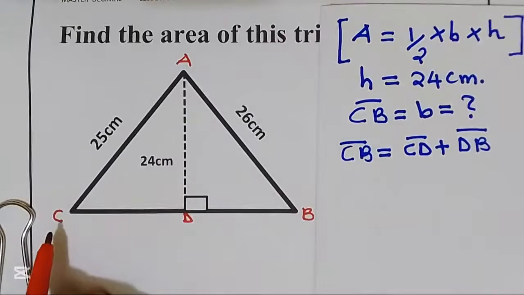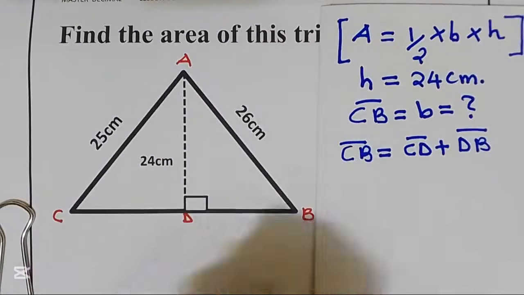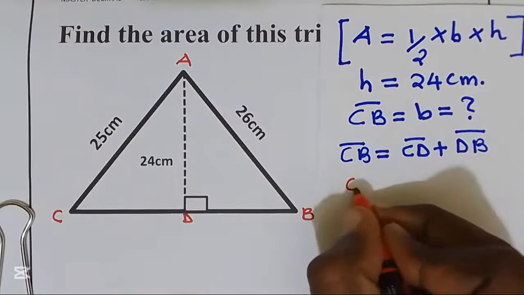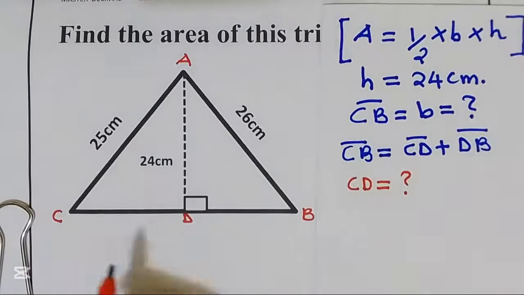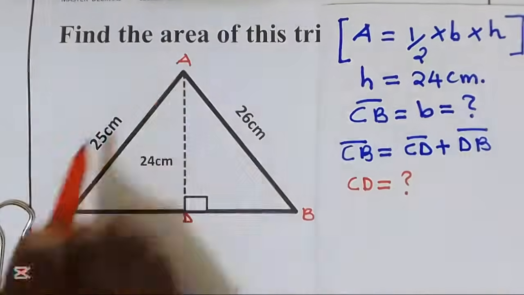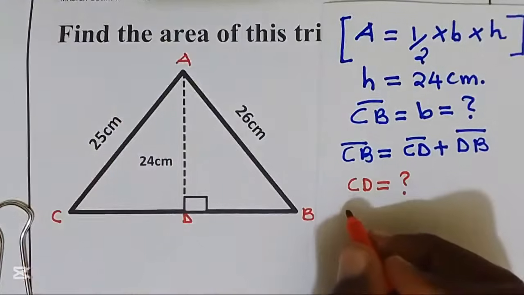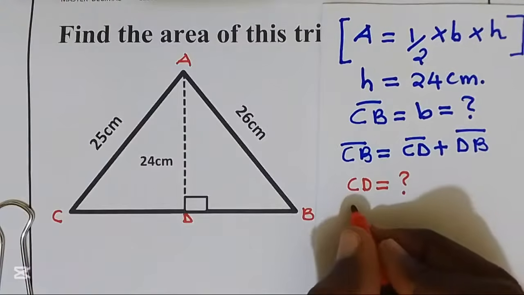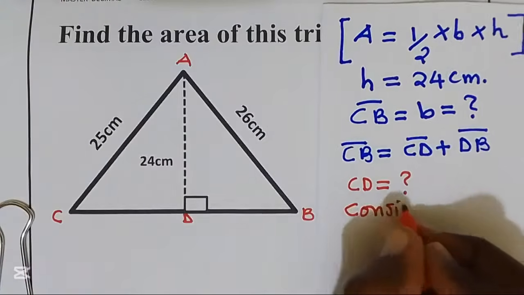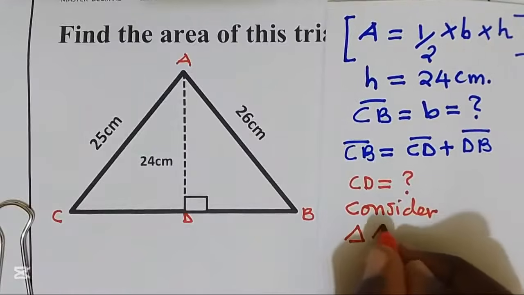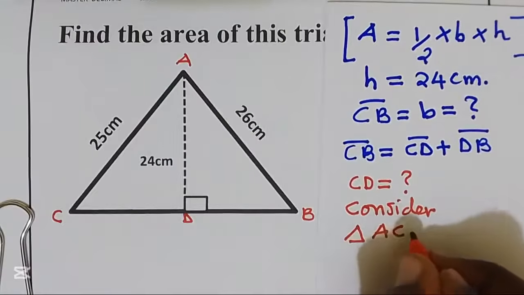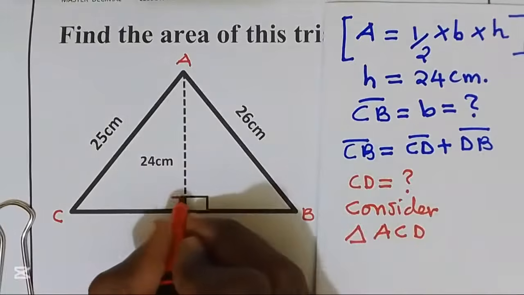I'm going to start by finding the distance CD. Distance CD, this is equal to what? I'm going to use triangle ACD, which is a right-angled triangle.